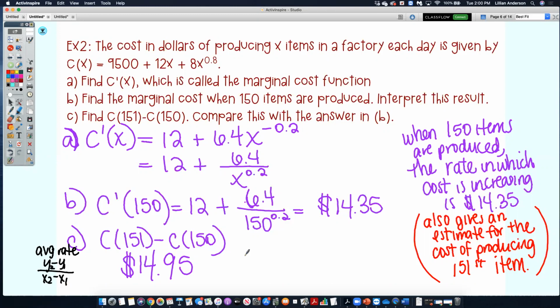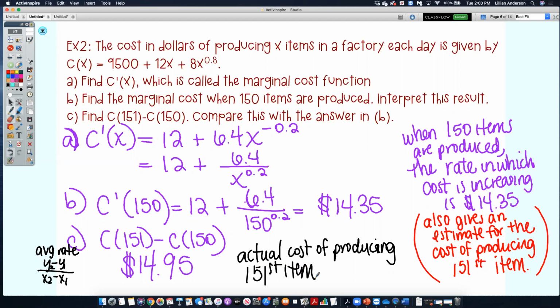This one is the actual cost of producing that 151st item. So our estimate was pretty good by doing the instantaneous rate of change.